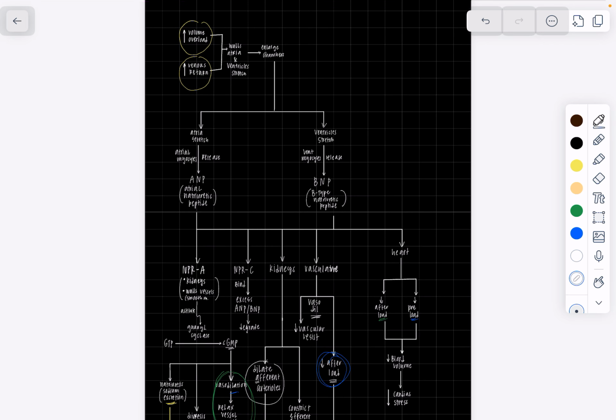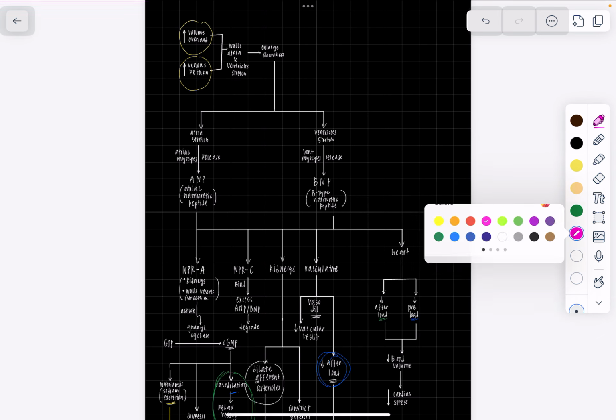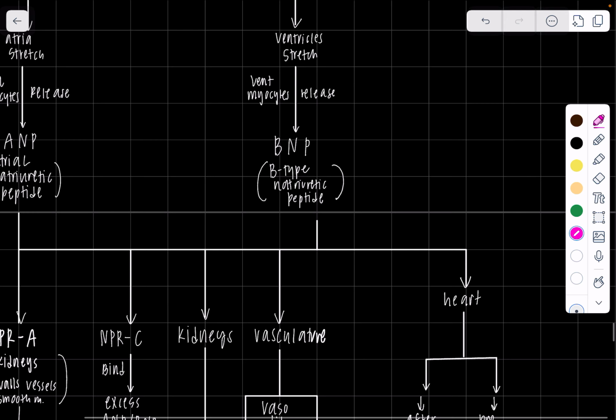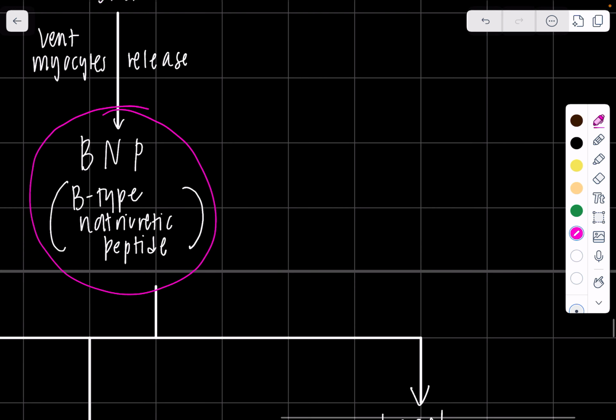The one thing I'd like to draw your attention to is this, with our BNP right here. Sometimes when this is overactive, it's because we are having heart failure due to ventricular stretching, okay?